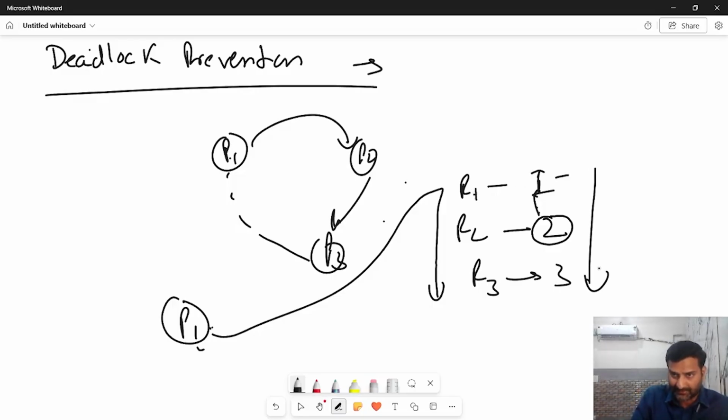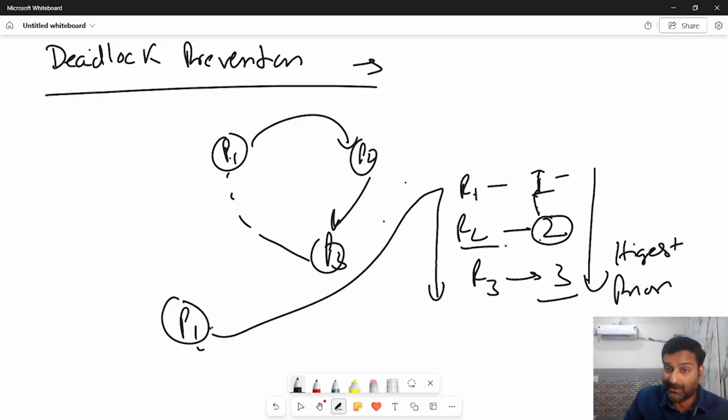The greater the number, the higher the priority. So P1 will first demand R1, then R2, then R3. It cannot demand R2 first, then R1. It will always demand R1, R2, R3.